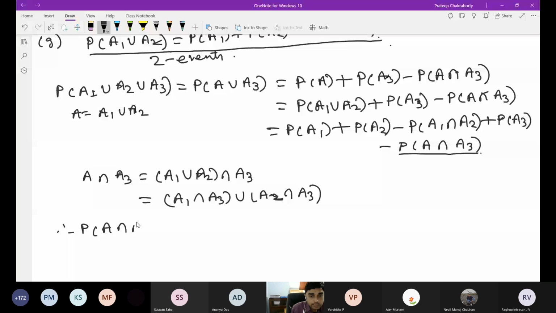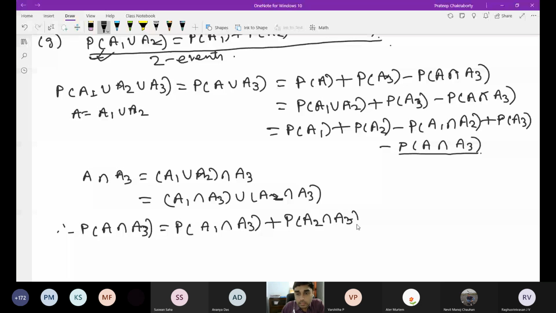So P(A intersection A3), we said, again use the first equality, this one. We should use this. So this will be P(A1 intersection A3) plus P(A2 intersection A3) minus P(A1 intersection A3 intersection A2 intersection A3).